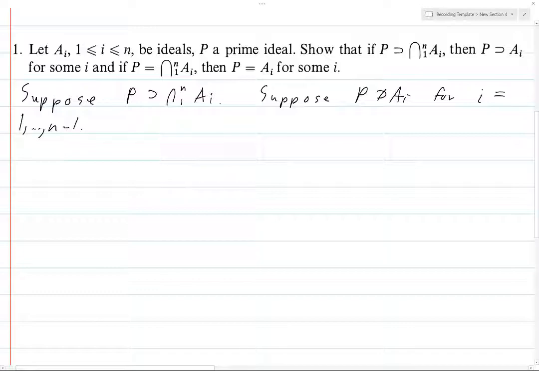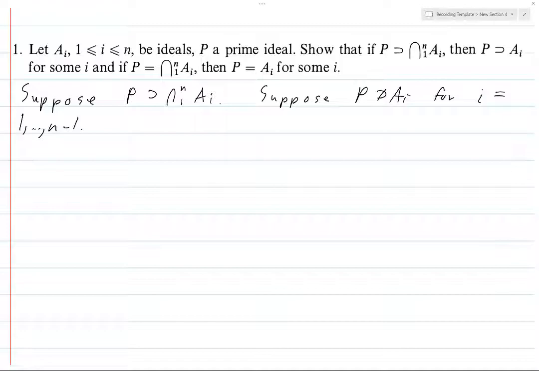So we want to prove then that P contains AN, because to prove that it contains one of them, it suffices to show that if it doesn't contain all but one of them, then it must contain the remaining one. So if P contains A1, A2, or any of those all the way up through AN minus 1, then we're done. Otherwise, we're going to prove that P contains AN.